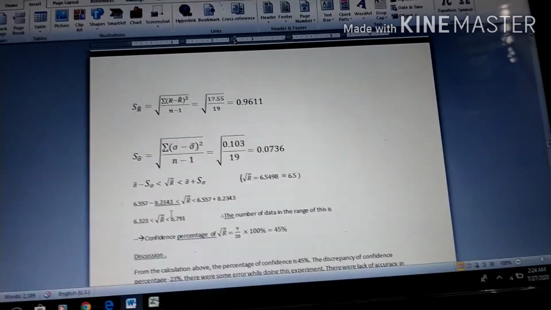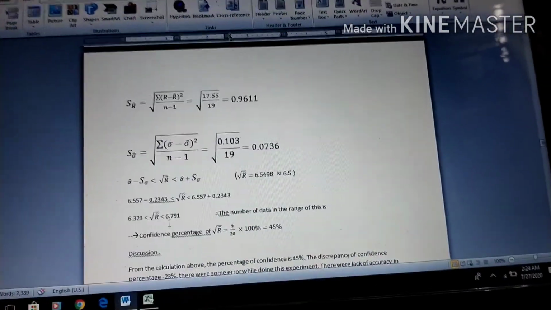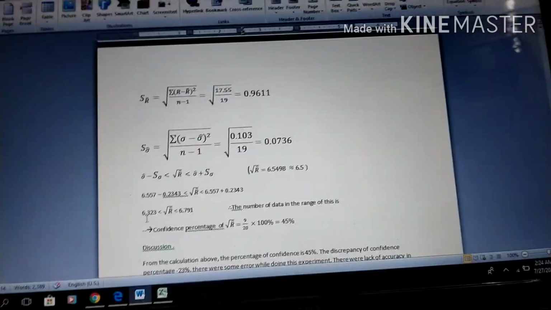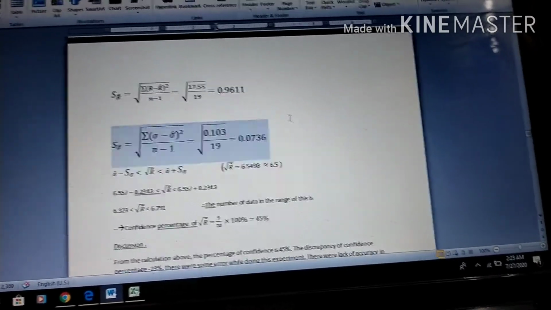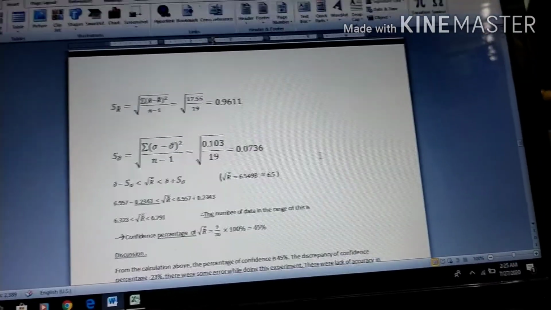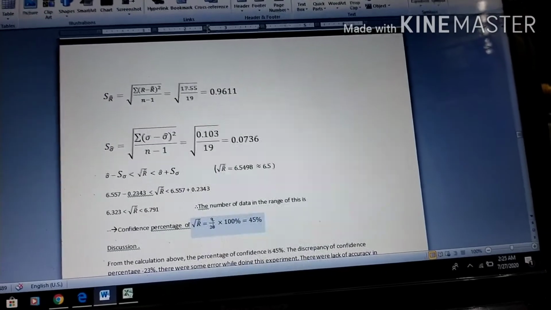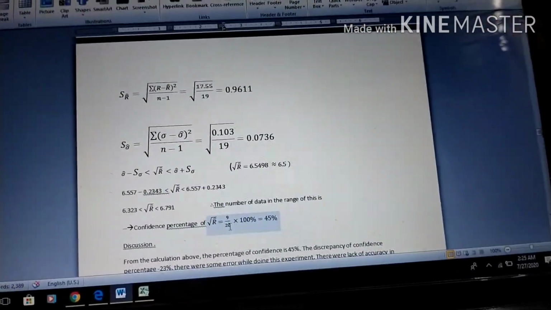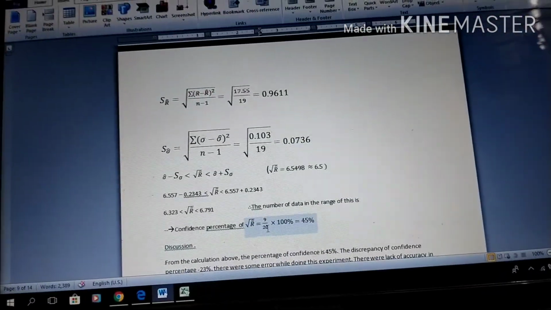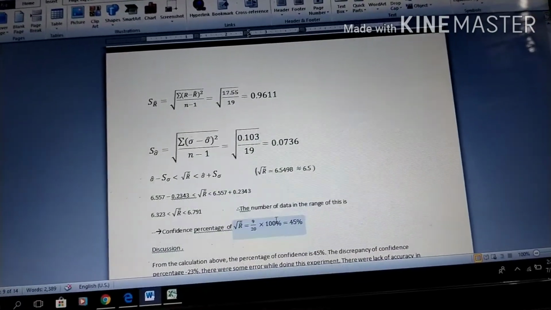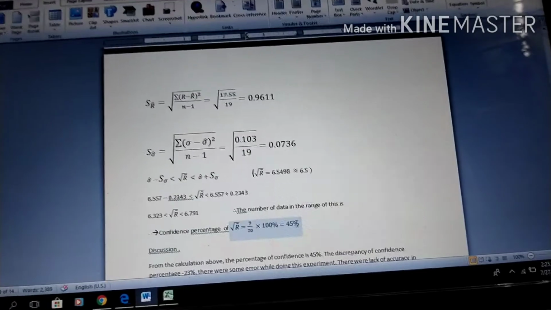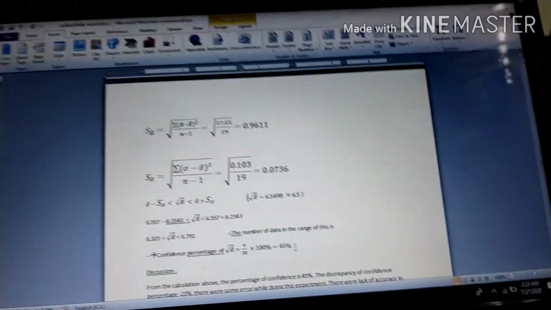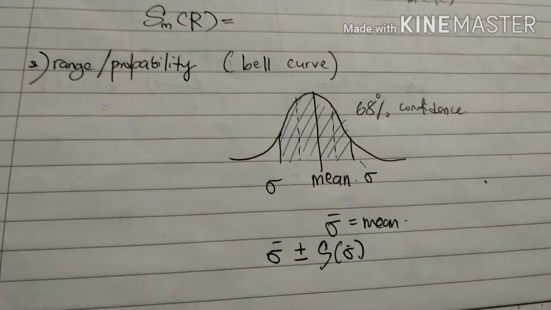For example, the range is between 6.7 and 6.323, and then the number of data within the range, we divide by 20 because the measurement is 20 readings, and multiply by 100% to find the percentage of confidence.